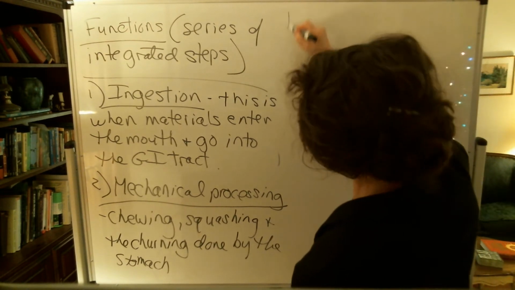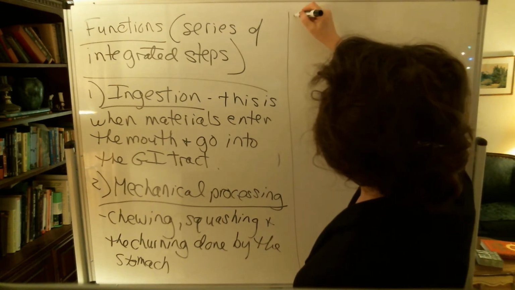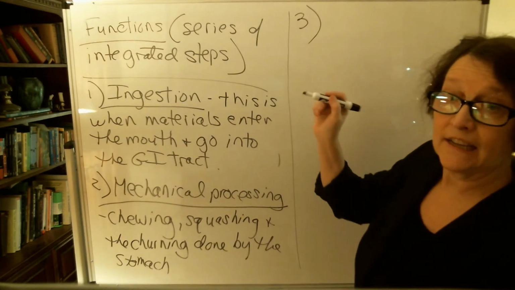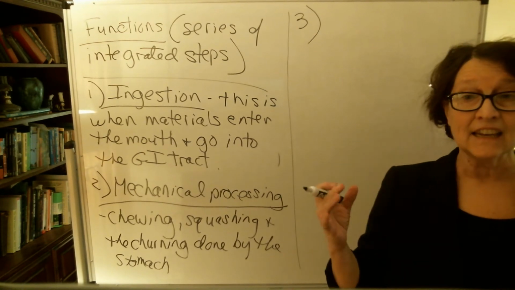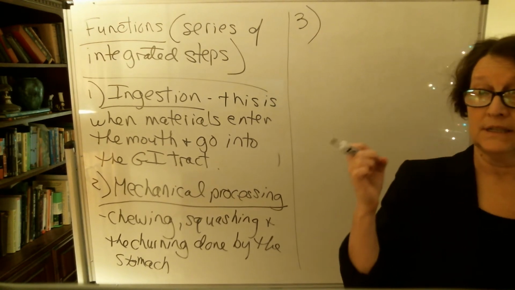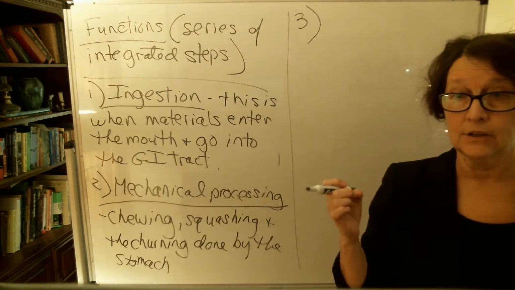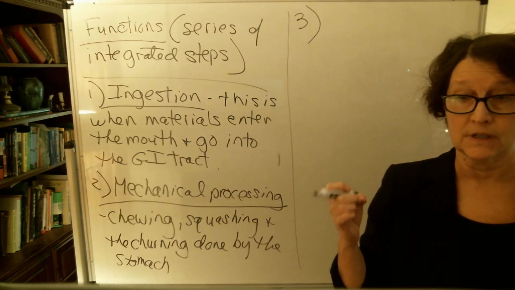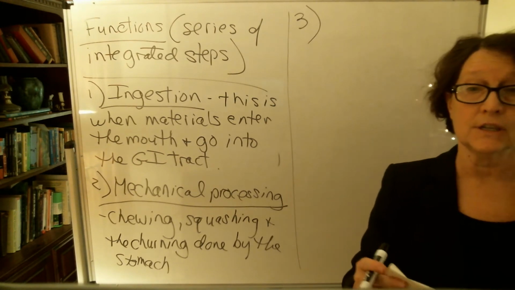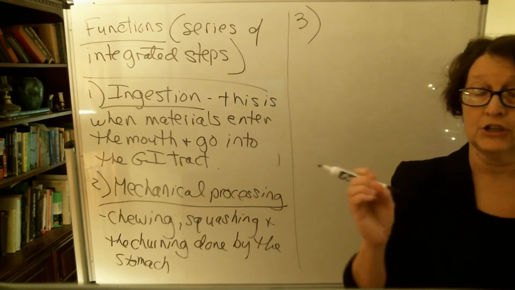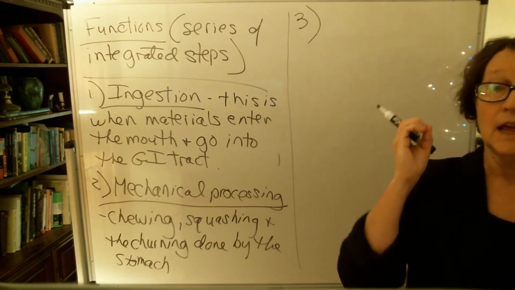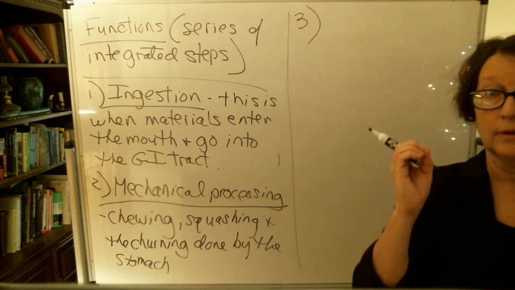Then we get to actual digestion. Now, digestion technically is the chemical disassembly of food into its component molecules. So although we call it the digestive system and it refers to lots of other things, the process of digestion is specifically the chemical breakdown of food.